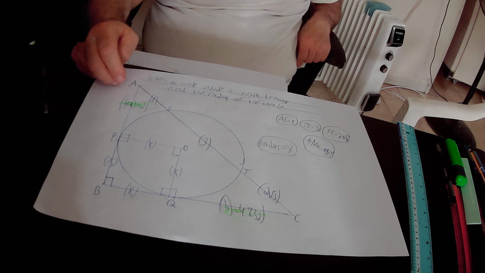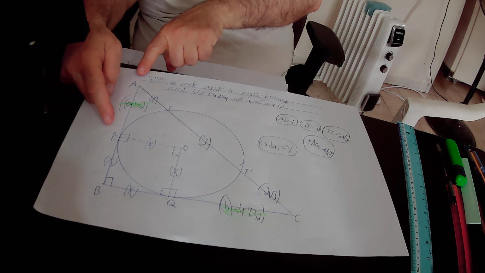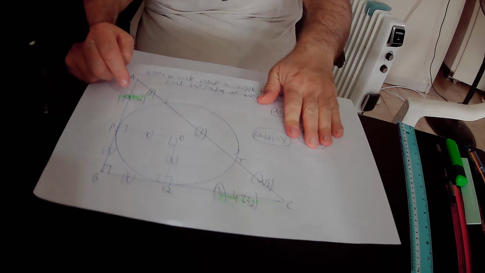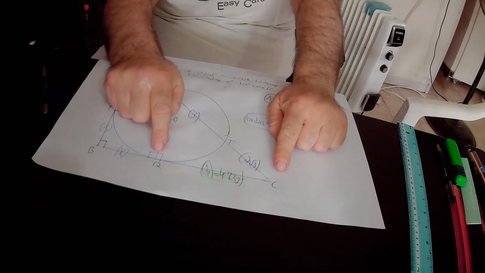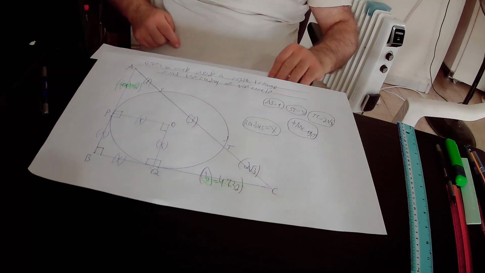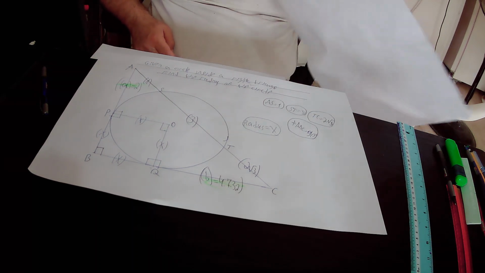In the next step, we define line segment AP as A and we define line segment QC as B. And then we implement rule 10. Let me quickly repeat rule 10.